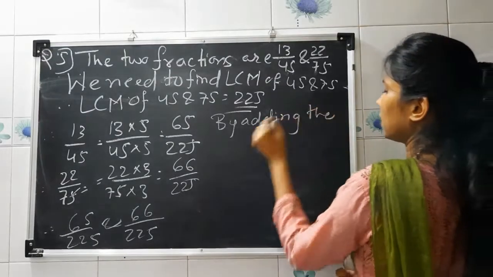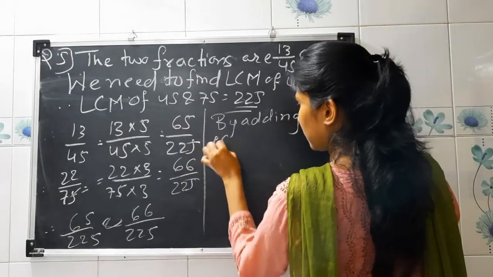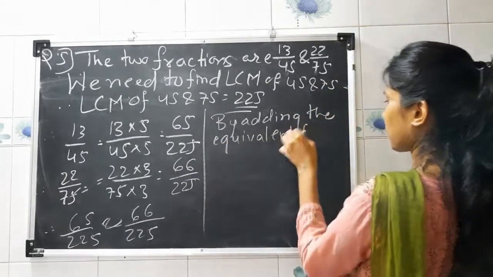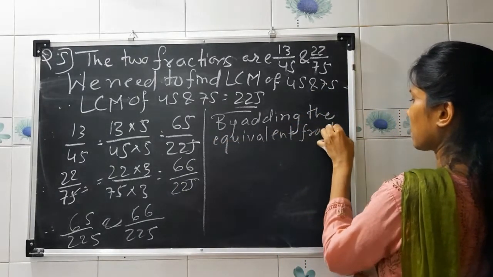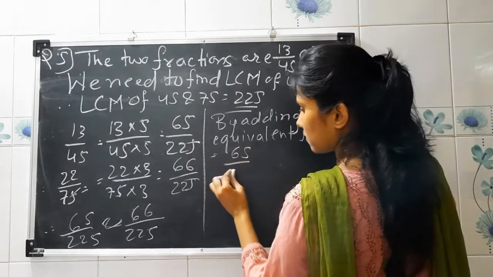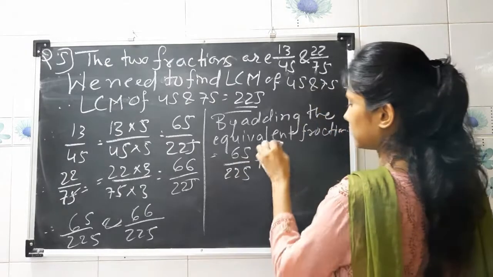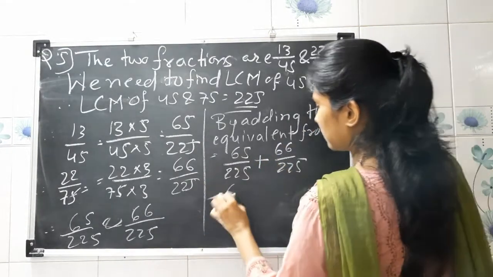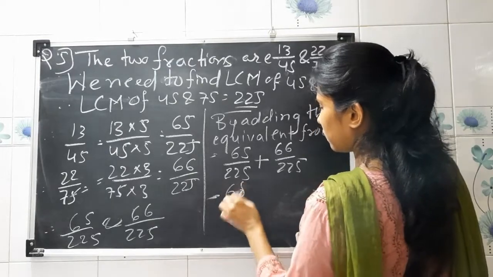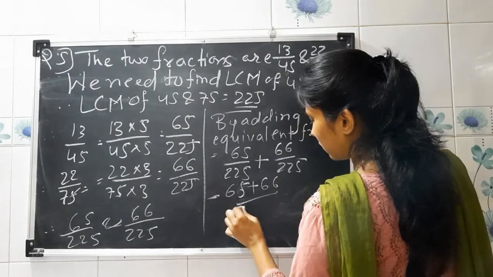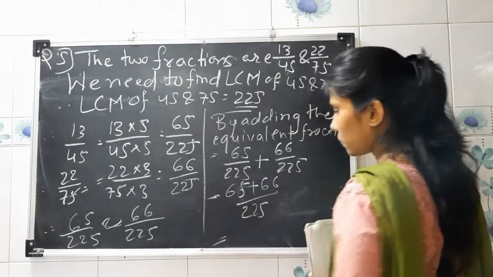By adding the equivalent fractions, 65 plus 66 upon the common denominator, so we will write it as it is.